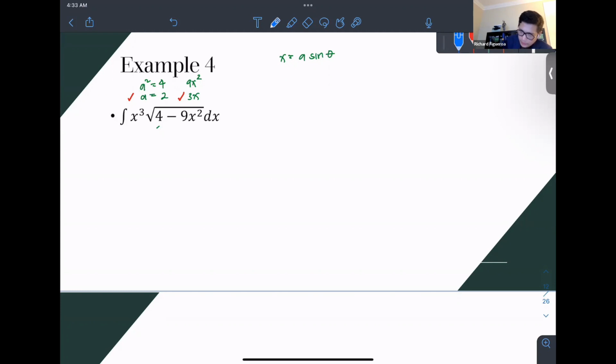It's not just simple x. It will be 3x, and then our a, it's 2 sine theta. So 3x is equal to 2 sine theta. So its derivative then will be 3dx. The derivative of sine will be 2 cosine theta d theta. And that's the one that we will be substituting after.